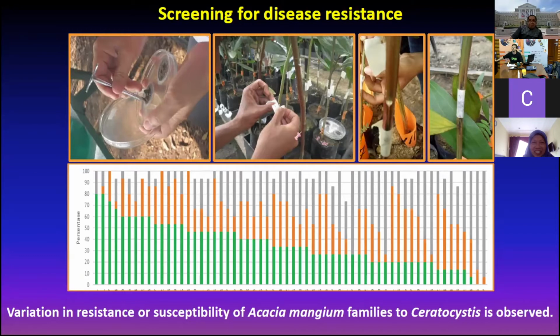As you may be aware, this Ceratocystis is the main reason, if not the only reason, for companies to stop planting Acacia mangium. Fortunately, other important species like eucalyptus and Acacia crassicarpa are less susceptible to the pathogen.